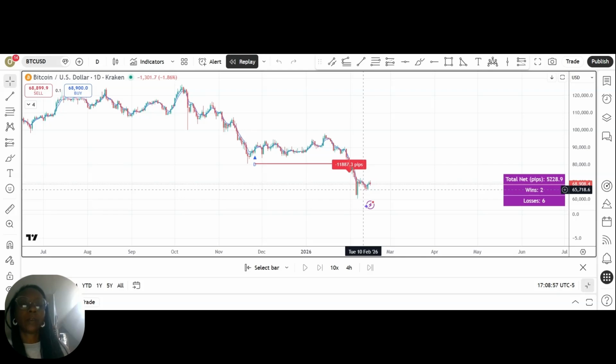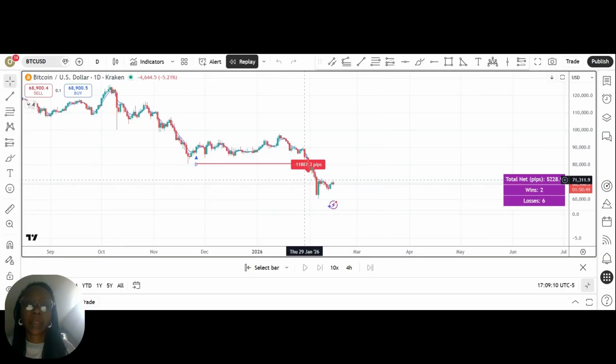We wait for the signal to say, okay, it's time to see if a long entry or a short entry would be ideal. So right now it is a good time to do nothing but wait for the next signal to go long.